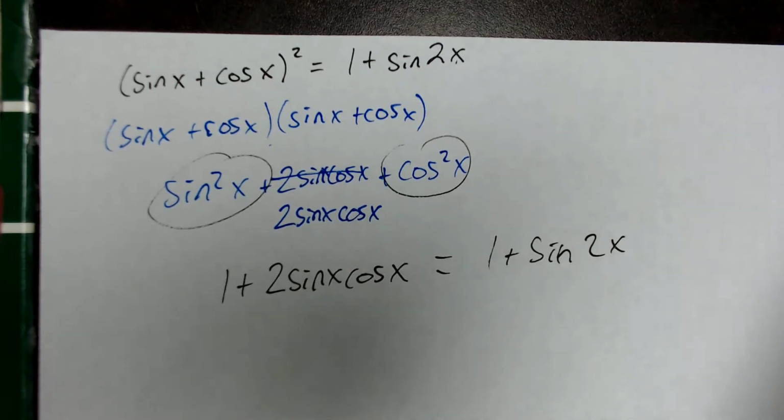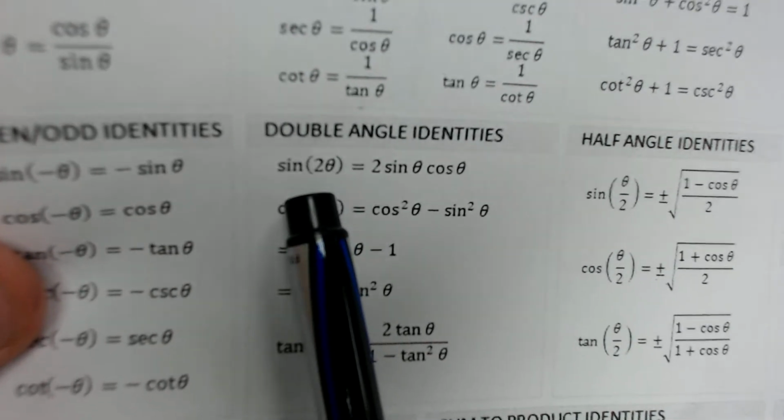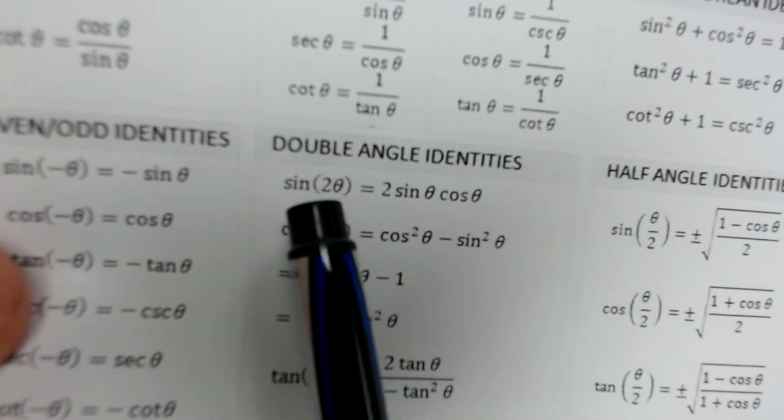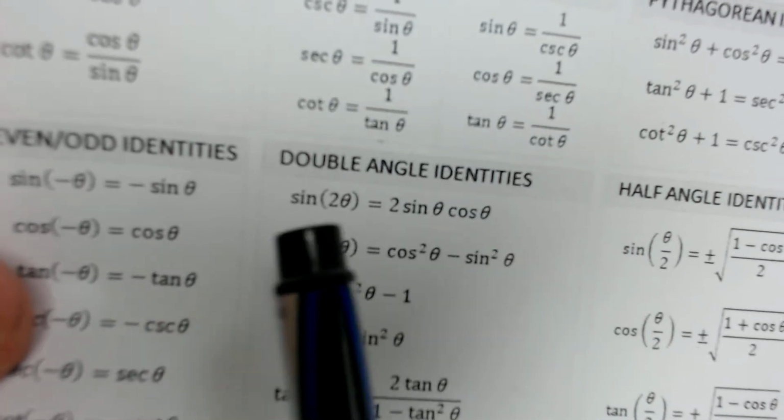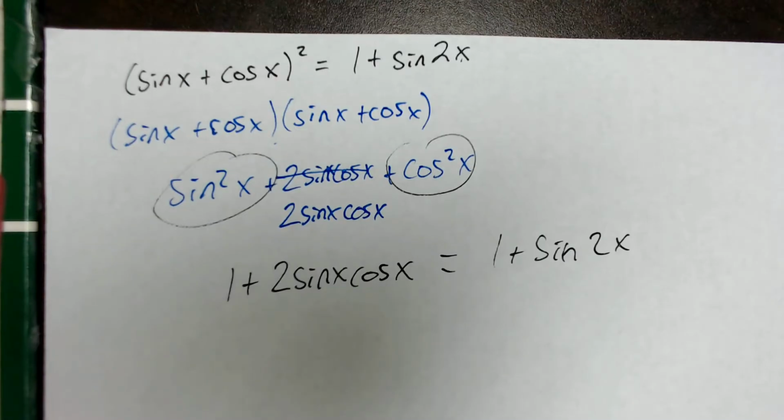Just in case you forgot, we do have our little cheat sheet for our identities. Here it is, double angle identities. This one has it written as theta, so we'll replace 2 sine of theta cosine of theta, or in our case 2 sine of x cosine of x, with sine of 2x.